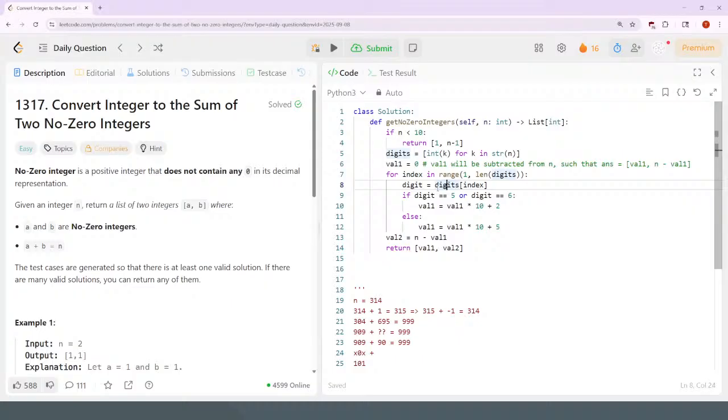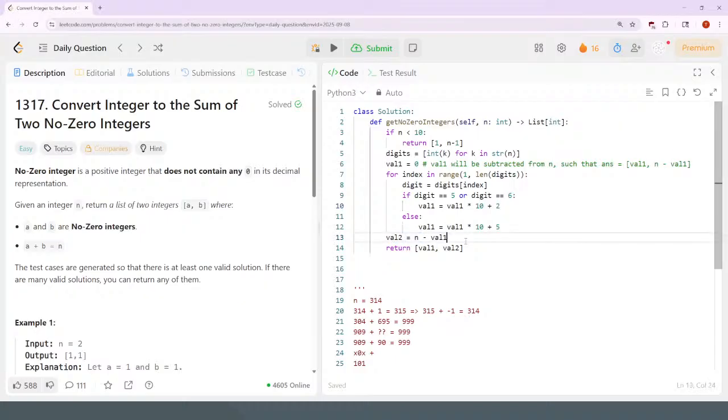Then I go over the digits of that n number. If the digit is a 5 or 6, I'm going to subtract 2 from that digit. If the digit is any other digit, I'm going to subtract 5 from that digit, and then create value 1 through the normal composition of a for loop that multiplies the value by 10, which bumps up the digits to the next order, and then adds a new digit.